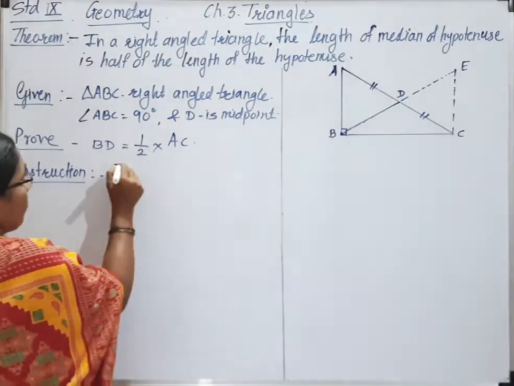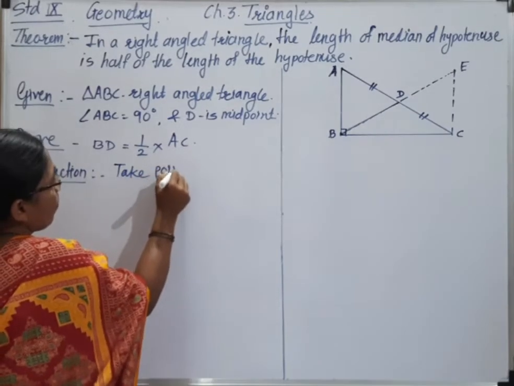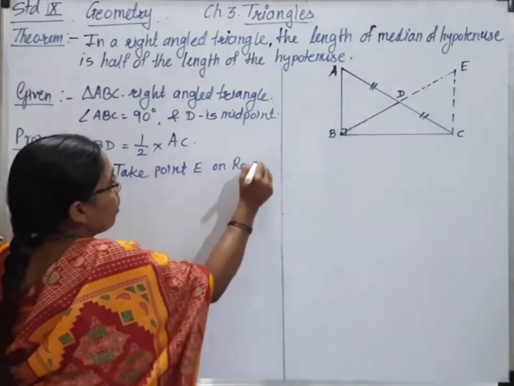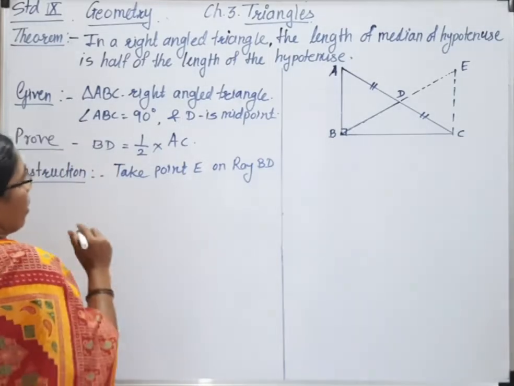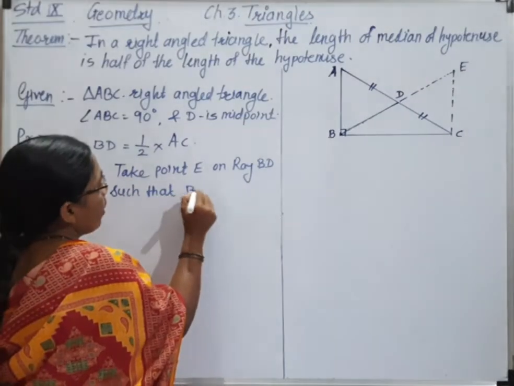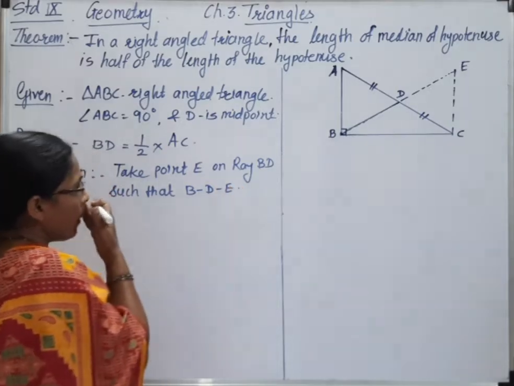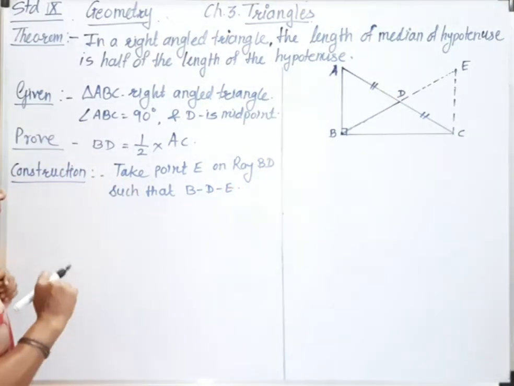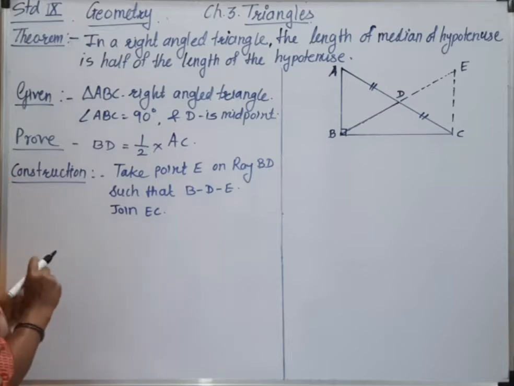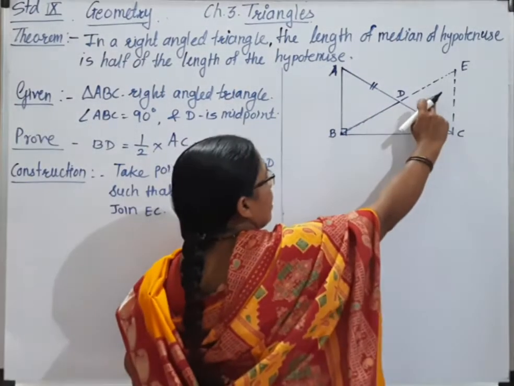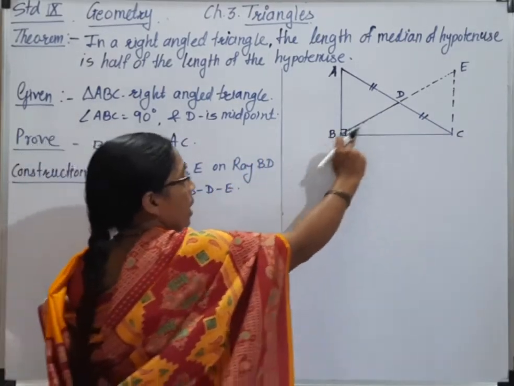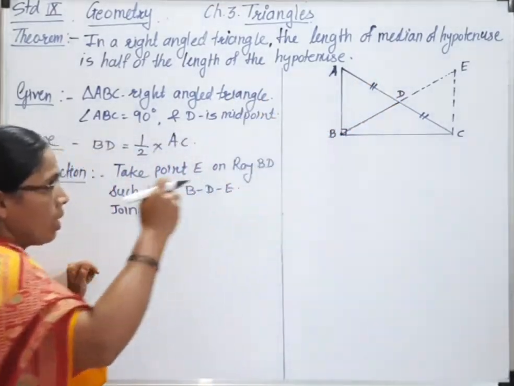Take point E on ray BD, or on the median BD, such that B, D, E are collinear, meaning these three points lie on the same line, and then join EC.